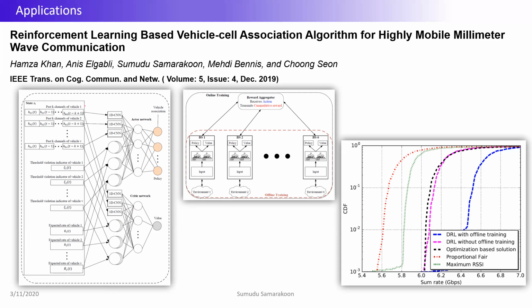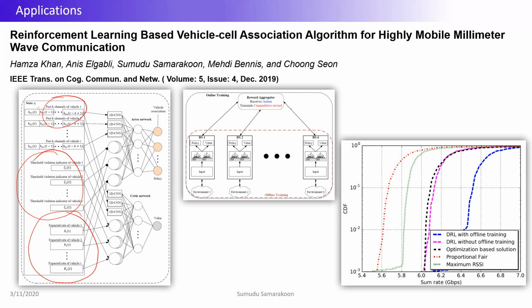In this case, the states are considered as the past channel observations. For URLLC type users, they consider the violation of the rate dropping below a certain threshold, and for eMBB type users, they consider the expected rate or the average rate as the input.